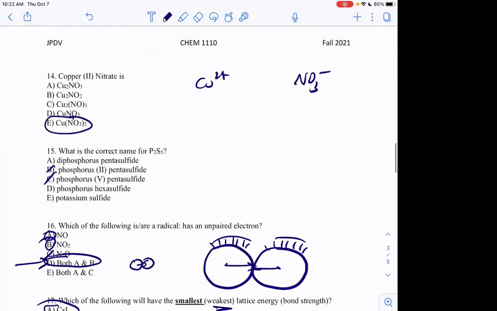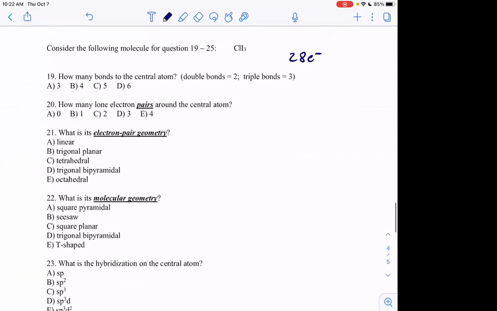So I'm just going to go. I got this whole page. Okay, so if I do 8 times 3, that's 24.